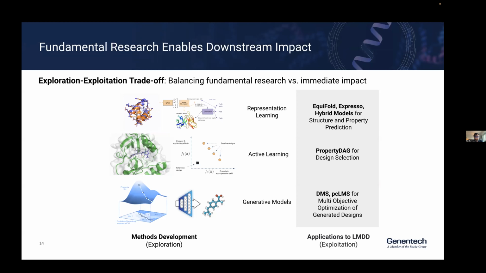We've also done quite a bit of work to think through error estimation and active learning. And there we actually have quite a few challenges. One of them is just that projects move quite quickly in a place like Genentech. There's a lot of new biology coming in, informing what we're going after, what we're doing.